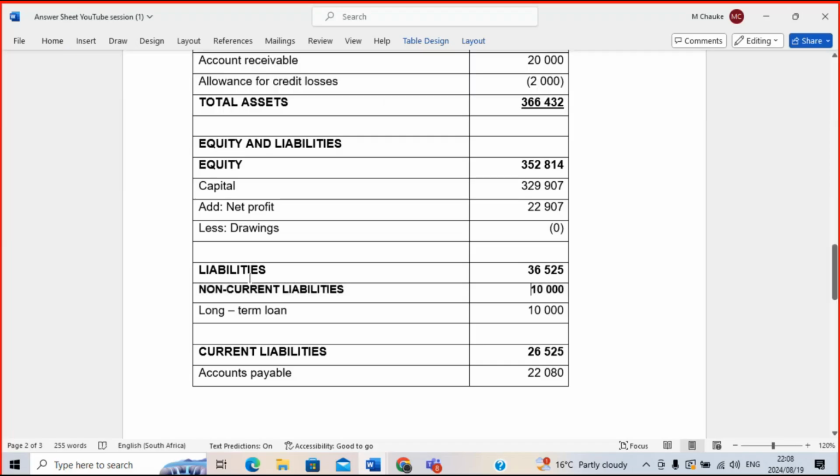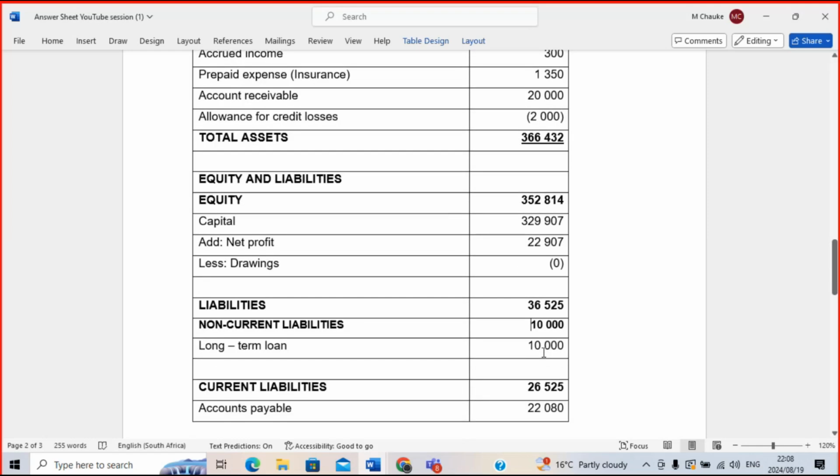So our current liabilities plus our non-current liabilities is 36,525. Non-current liabilities is 10,000 plus current liabilities 26,525.